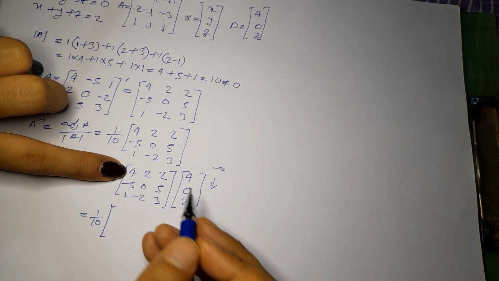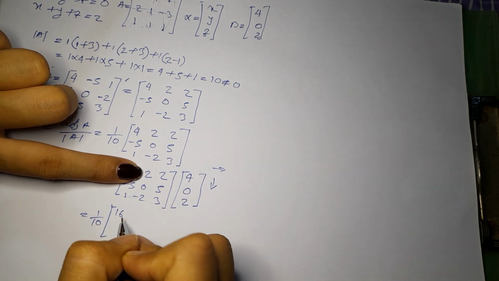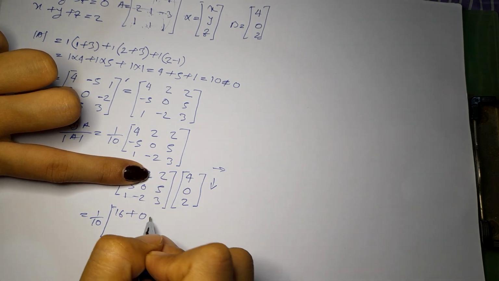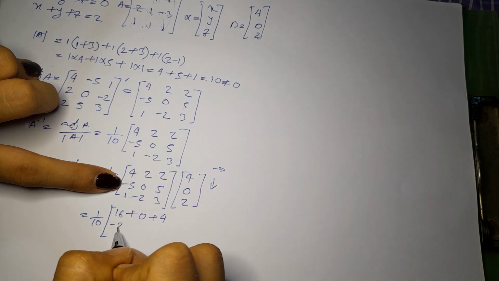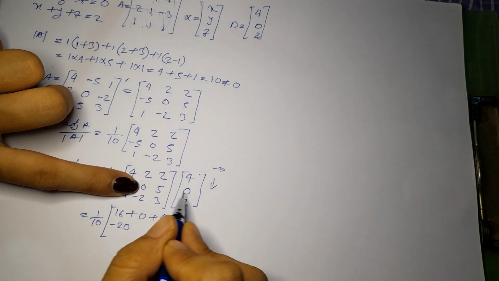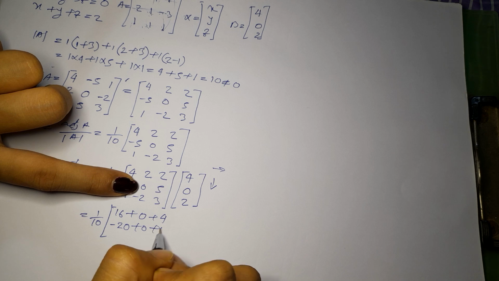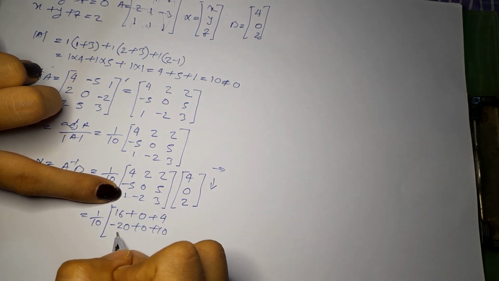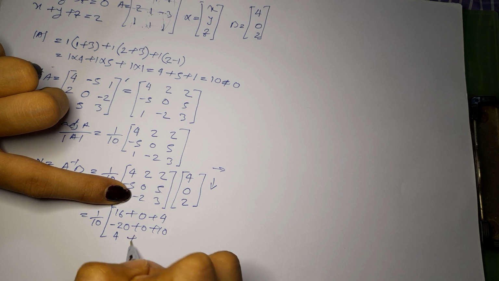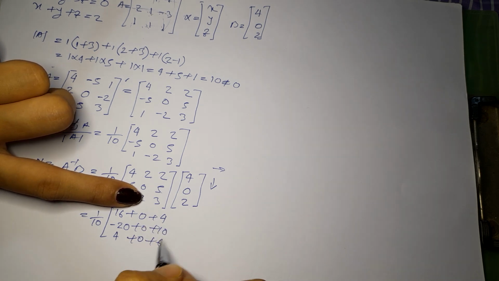4 into 4, 16. Multiply with 0 will give 0 plus 4. Come to here, minus 20, but 0 into 0, plus 10, 5 2s are 10. Now this is the 1, that is 4 plus 0 plus 6.